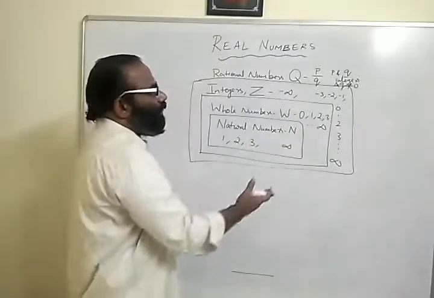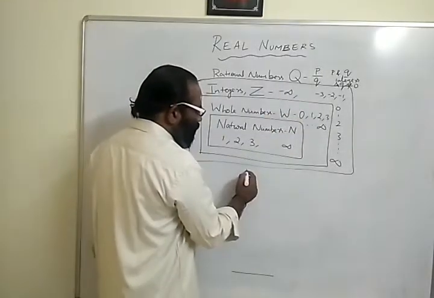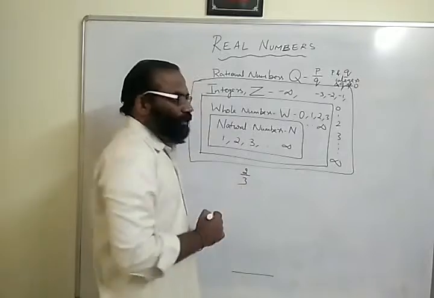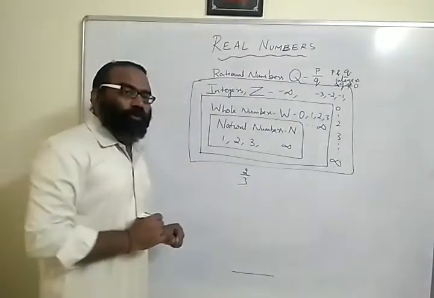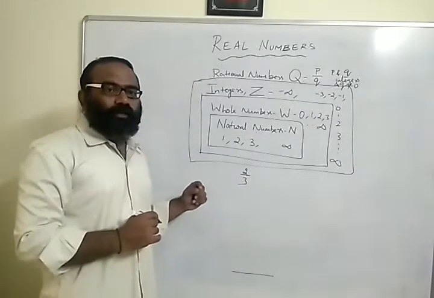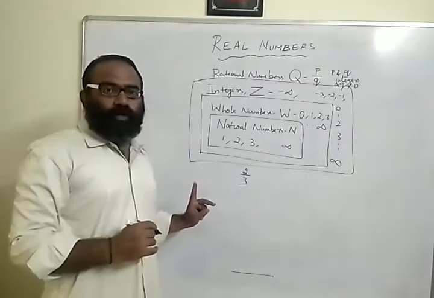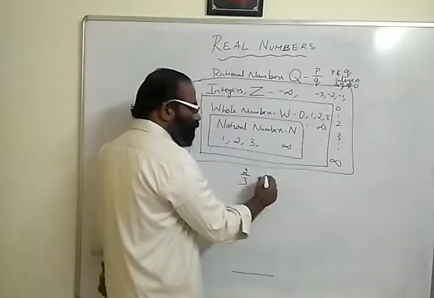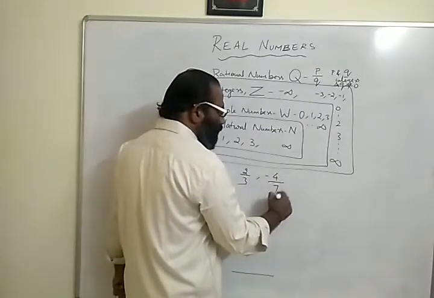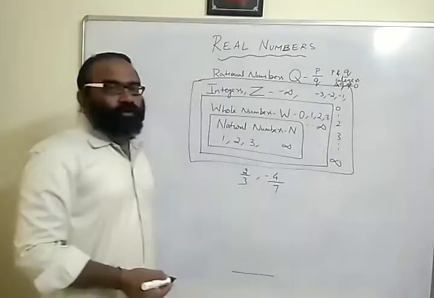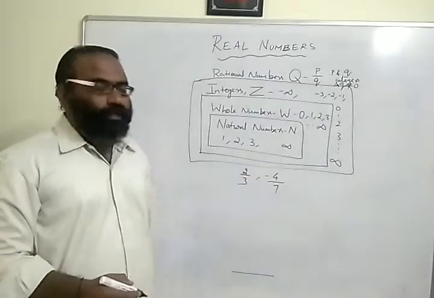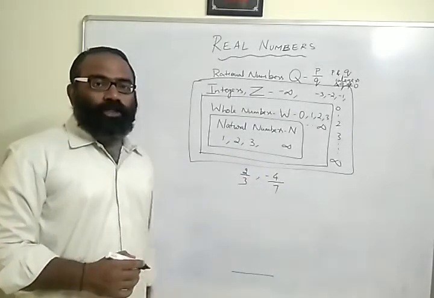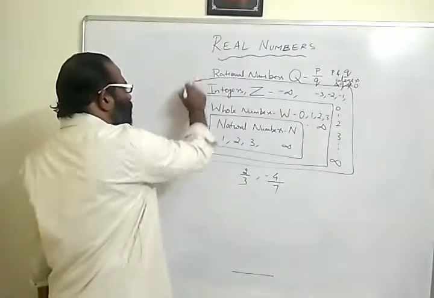All of these come under that, and you will also get numbers like 2 by 3. Yes, 2 is an integer, 3 is an integer, and 3 is not equal to 0, so 2 by 3 is a rational number. Suppose minus 4 by 7. Very true, it's a rational number because both are integers and the denominator is not equal to 0.